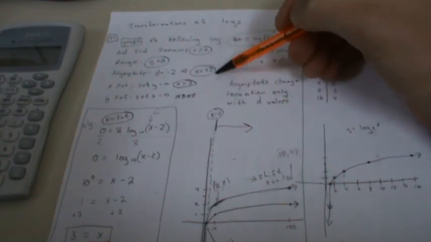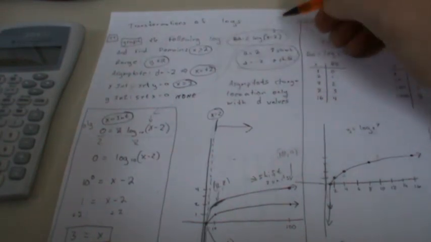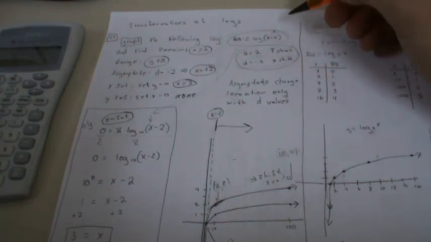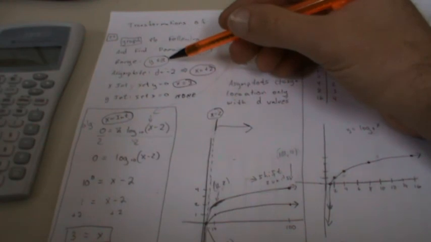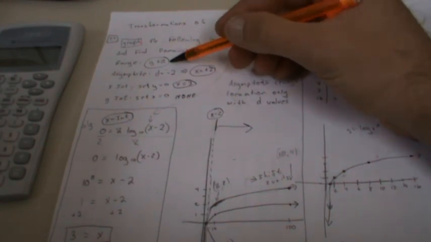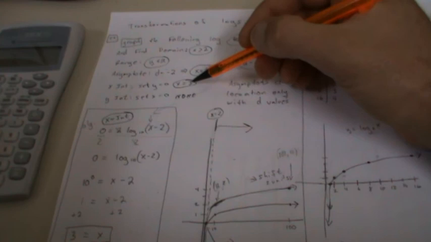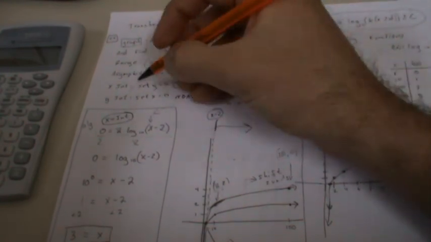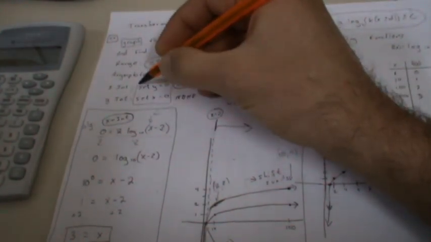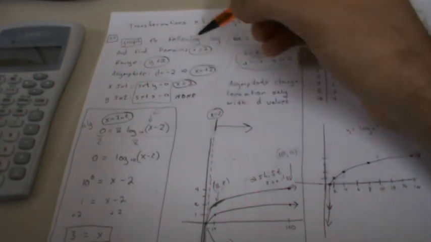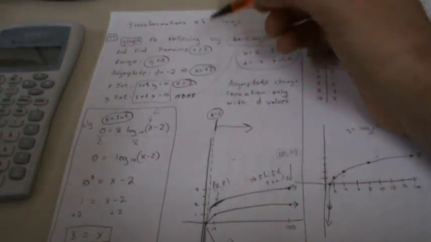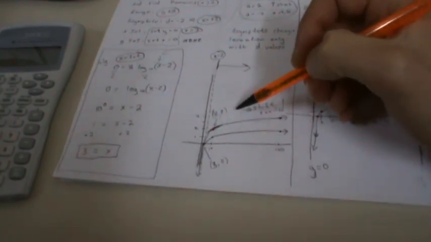Remember, the domain and the asymptotes are both affected by the d value. The range is always going to be all real numbers. The y and the x-intercepts are found respectively by setting x equal to 0 and y equal to 0. And we can sketch a nice graph.